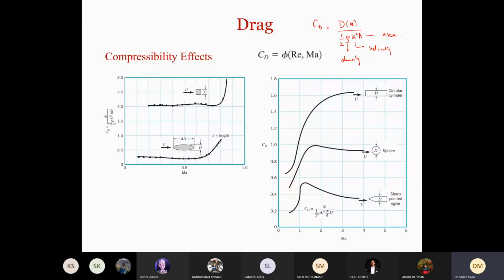So this is how we non-dimensionalize drag force, and CD, because it is non-dimensional, does not have any units.